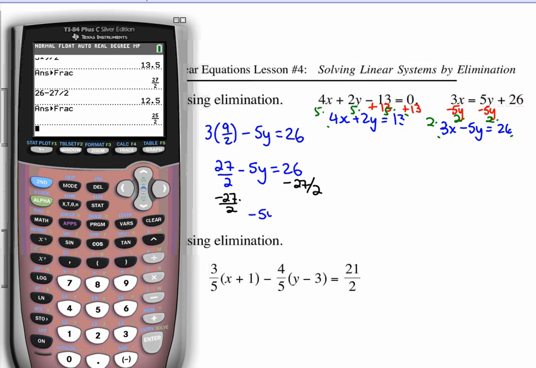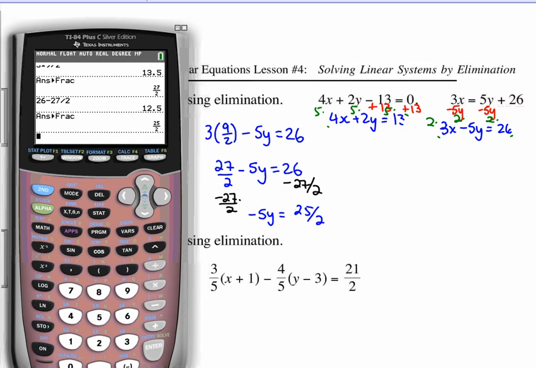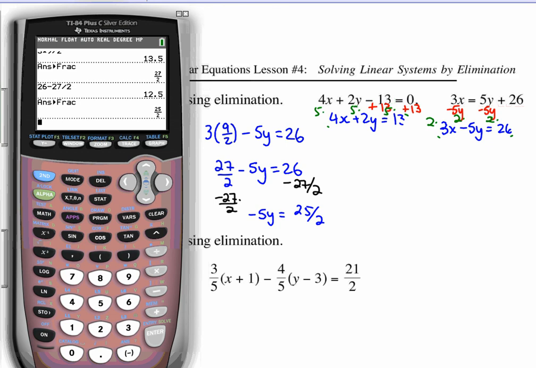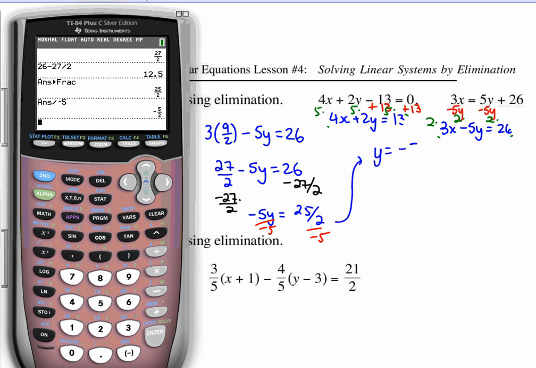Negative 5y equals 25 over 2. And then last step, divide, because it's negative 5 times y, we're going to divide both by negative 5. So answer, divide by negative 5. And then to change that, oh look at that, it's already a fraction. So y equals negative 5 over 2.